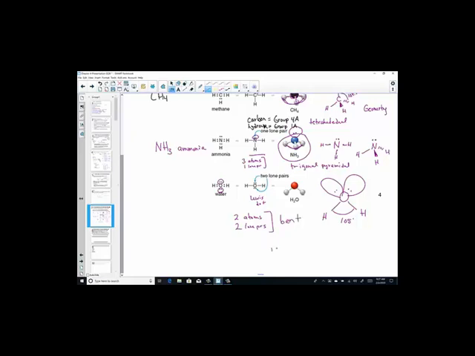Water is not correctly drawn as a linear molecule, but in nature it is a bent molecule, and it does so to give as much space as possible to these unbonded pairs of electrons.